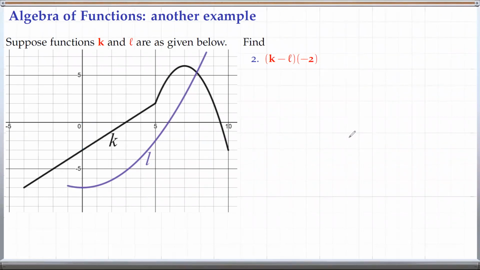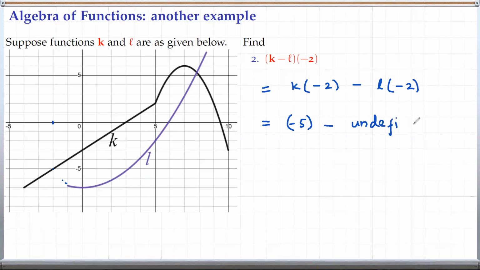So k plus L at 0 is negative 10. Next, we want to find k minus L at negative 2. So this is k at negative 2 minus L at negative 2. So k at negative 2 is when x is negative 2. Over here, k is negative 5. So this part is negative 5 minus L at negative 2. When x is negative 2, L is not defined. So this will be undefined.